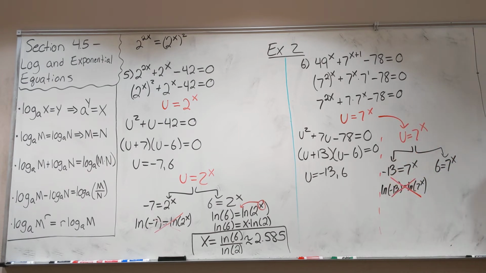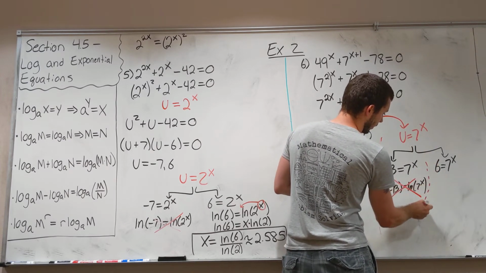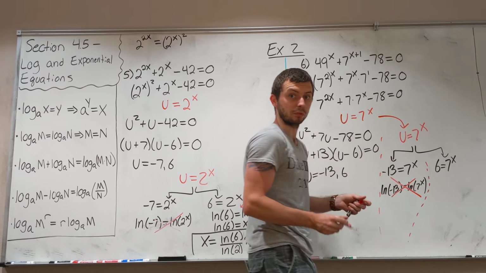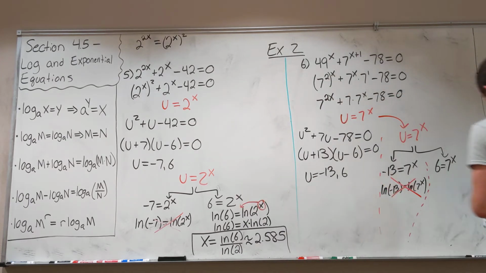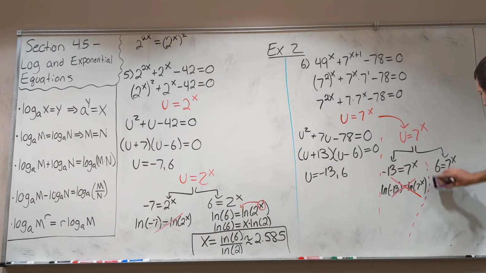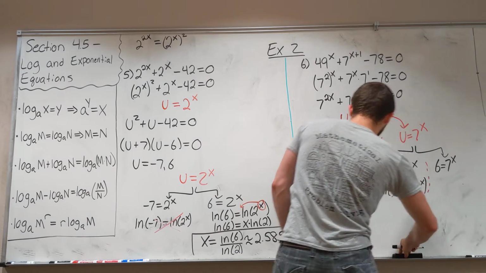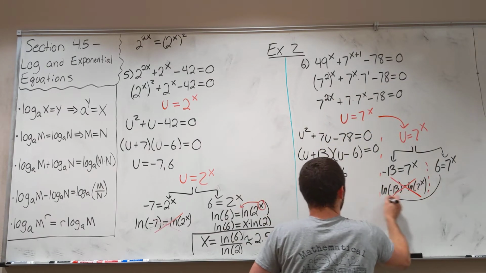So we can toss that answer. So we'll go ahead and just focus on the 6 is equal to 7 to the x portion. And from here we can apply the natural log of both sides. Let's see, I might be running out of room here. So we'll go ahead and bring this down here.